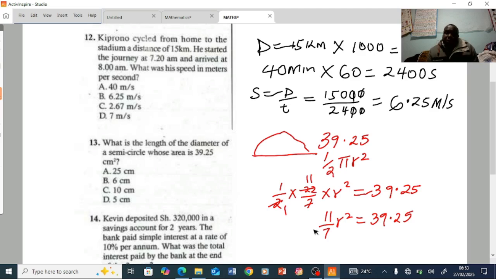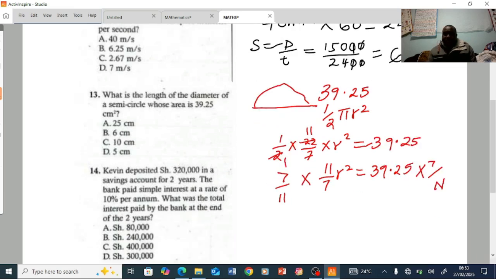Now you remove the denominator 7 by multiplying both sides by 7. Or you can remove this 11/7 by multiplying both sides by the reciprocal, that is 7/11. That leaves us with r squared over 11. Now r squared is equal to, you can simplify that.